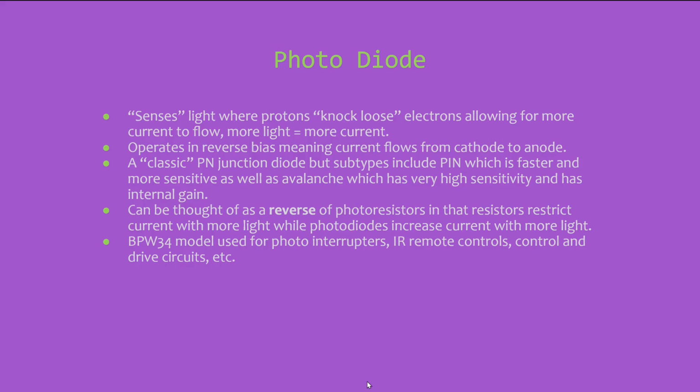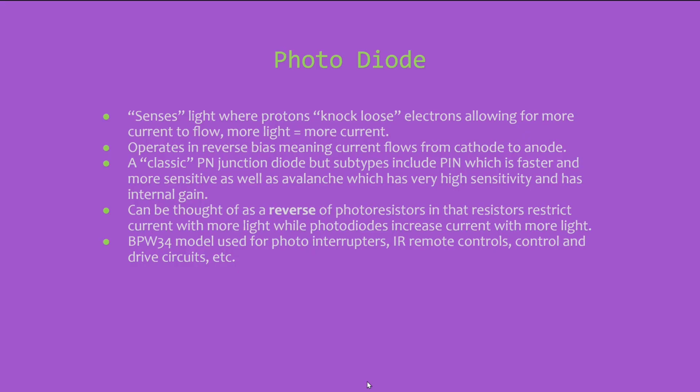And then we have the photodiode. It basically senses light. The photons knock loose electrons, allowing for more current to flow, more light equals more current. It operates in reverse bias, meaning that current flows from cathode to anode. It has a classic PN junction diode, but its subtypes can include PIN, which is faster and more sensitive.